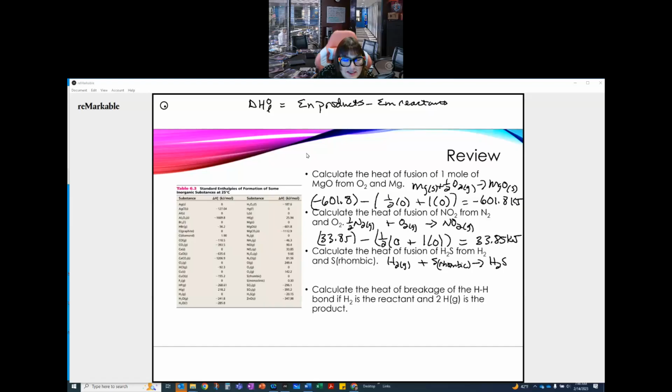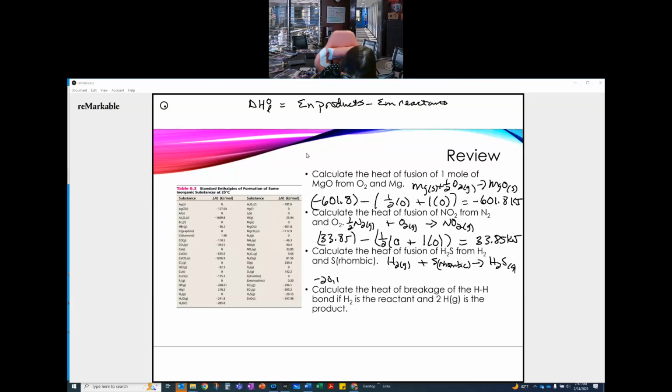Did I actually do this? Looks like I did. So I don't see on this list an H2S. And so it looks like, oh, there it is. H2S gas is right there. Whew, awesome. So that's negative 20.15.